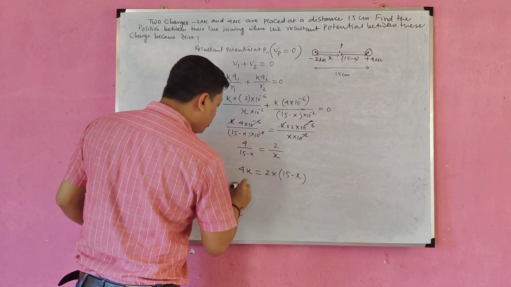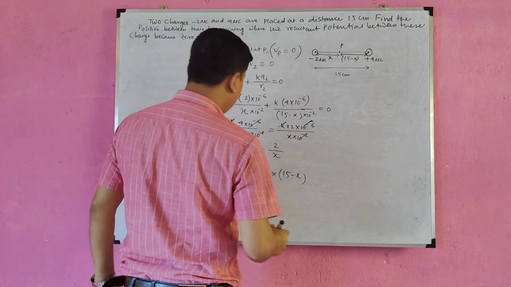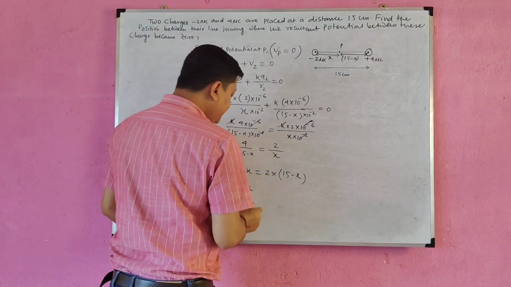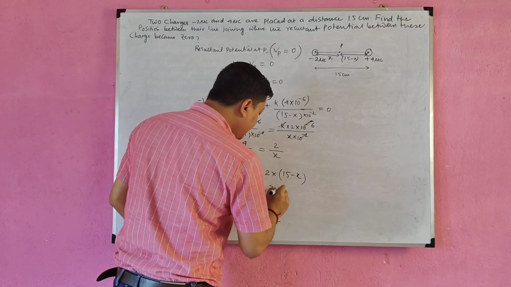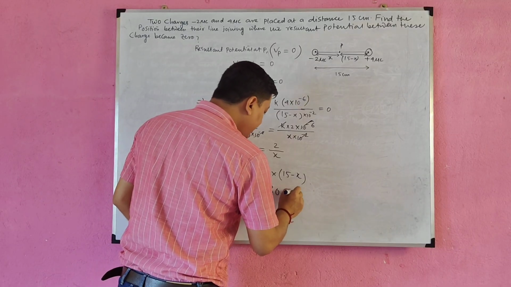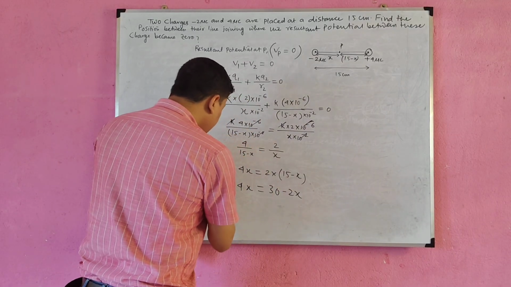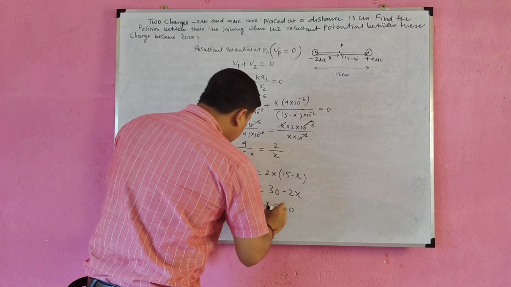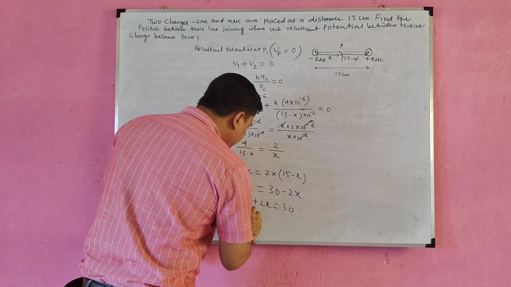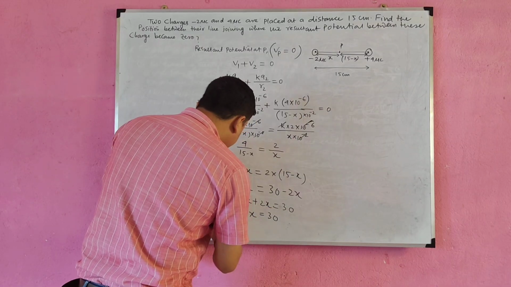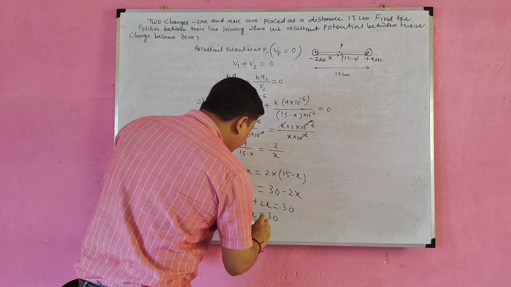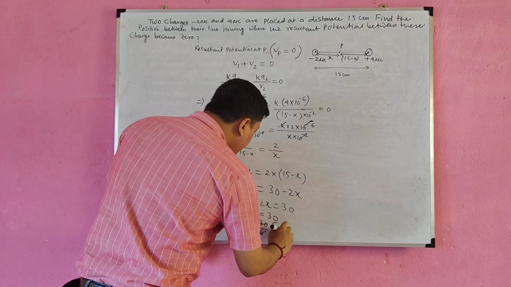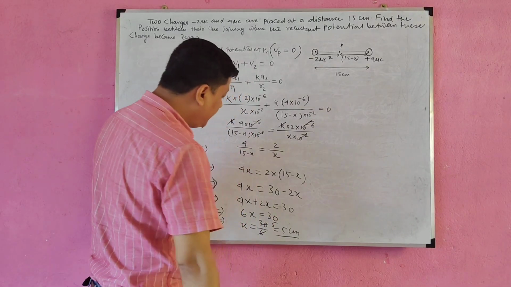That is 4x equals to what? 30 minus 2x. From this 4x plus 2x equals to 30. So 6x equals to what? 30. So x equals to what? 30 upon 6. And that gives you what? 5 centimeter. Okay.